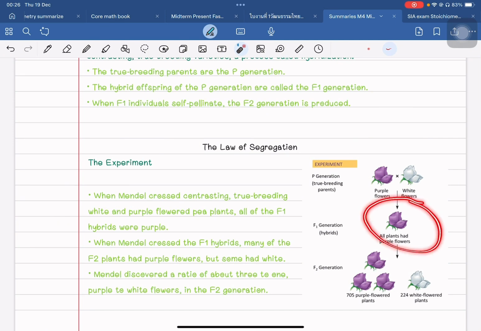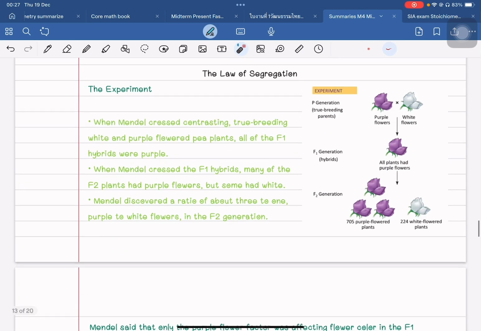But when Mendel crossed the F1 hybrids, many of the F2 plants had purple flowers, but some of them had white flowers. So Mendel discovered a ratio of about 3 to 1, purple to white flowers, in the F2 generation.